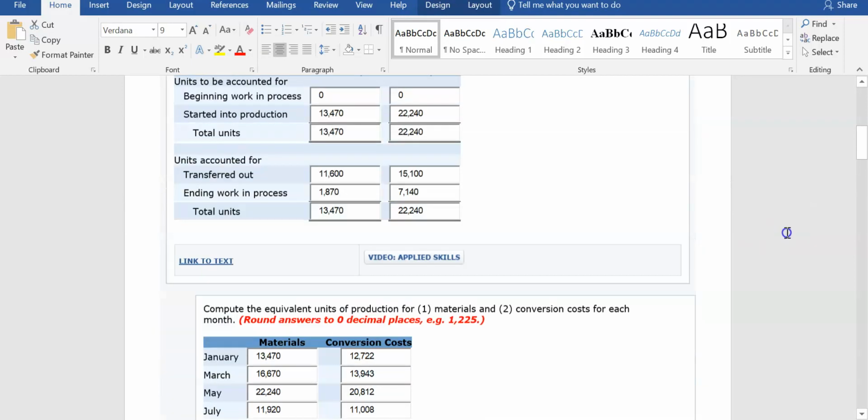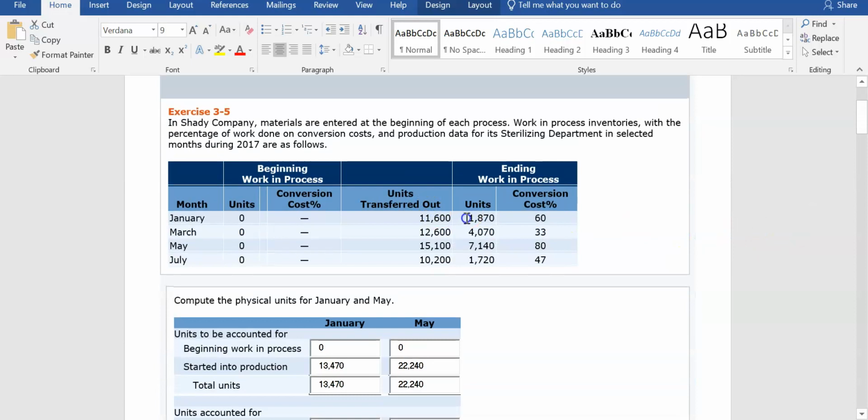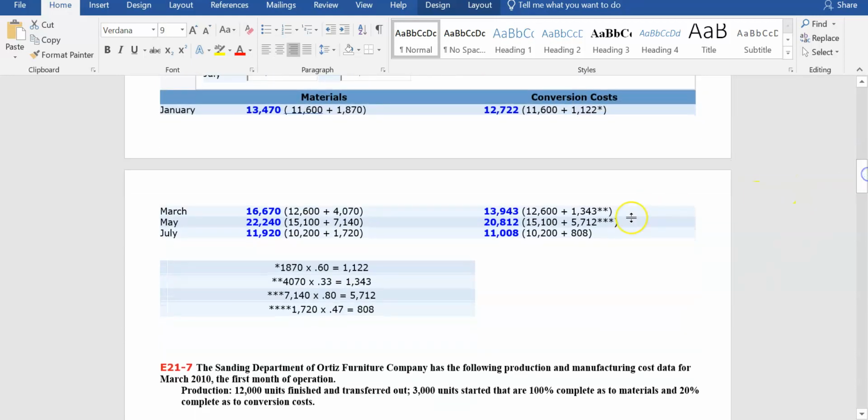In other words, instead of having 1,870 partially completed units, the equivalent units are 1,122. Total equivalent units of production with respect to conversion costs in January are 12,722.